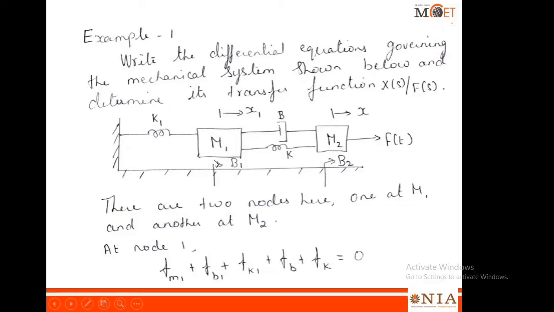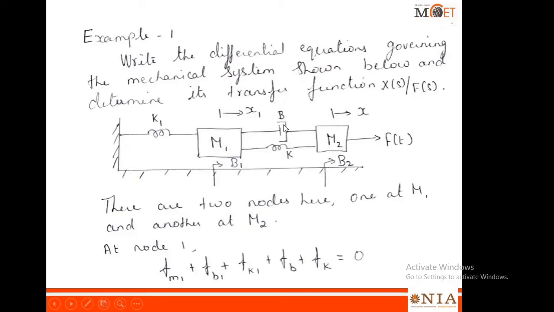So the expression is Fm1 is equal to capital M1 into d square x1 by dt square. The opposing force due to this damper B1 is equal to B1 into dx1 by dt. The opposing force due to this spring K1 is K1 into x1.